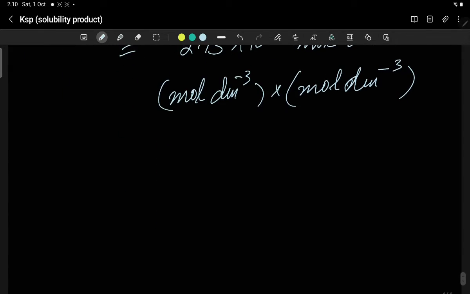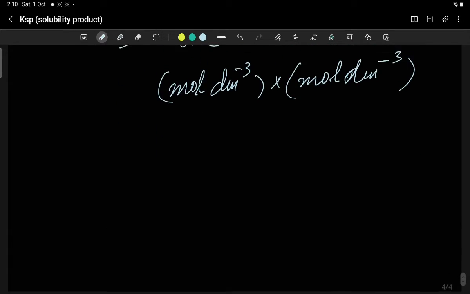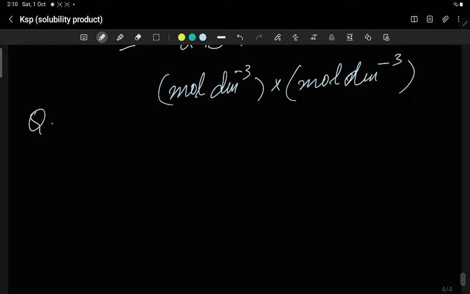There is another way to calculate the Ksp, for example the next question: Solubility product of PbCl2.